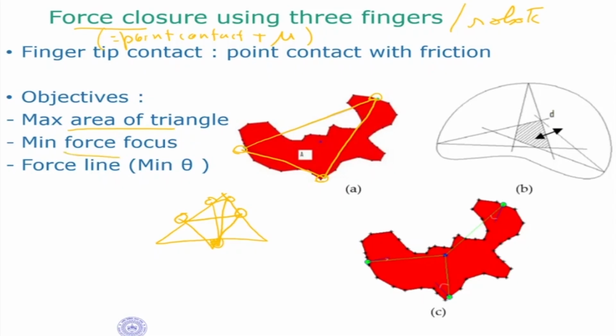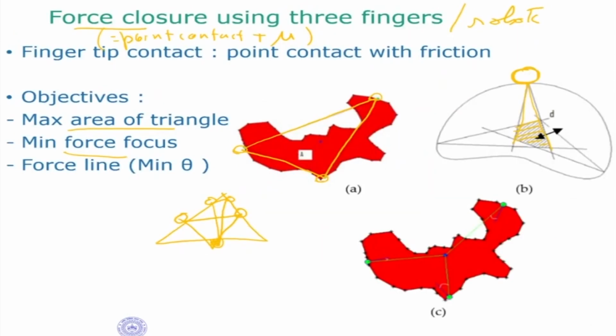The minimize force focus, that is D, we talked about. Minimize force focus is, at every point, if I have a fingertip here, then there is friction there. So there is a friction cone. Now the friction cones intersect and they have this area there, which is the intersection of all the friction cones.